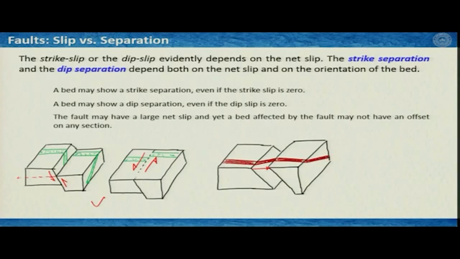Then you can guess that if this part gets eroded, you do not see any separation. But you have a significant magnitude of net slip. So, this you always remember when you look at faults in the field.